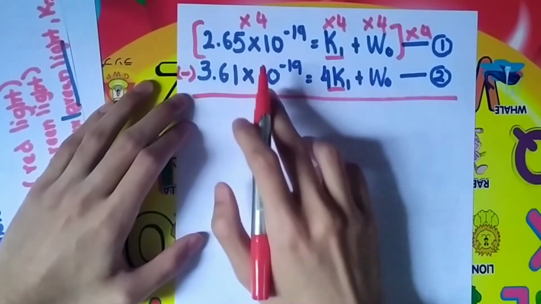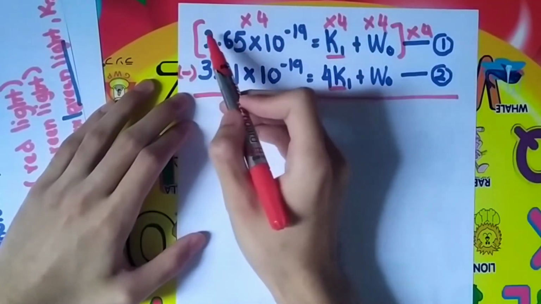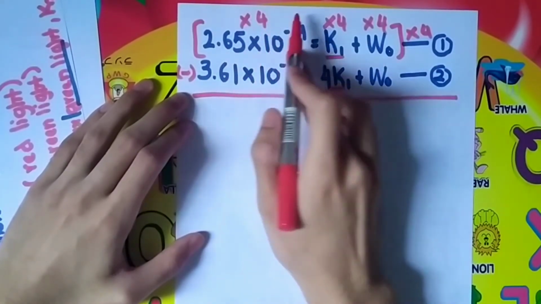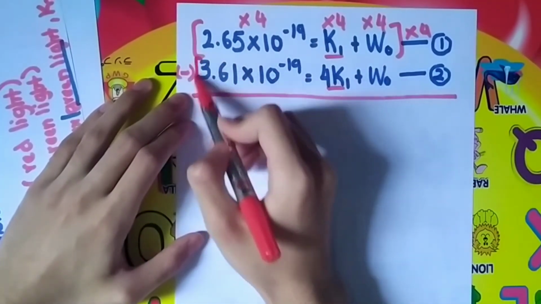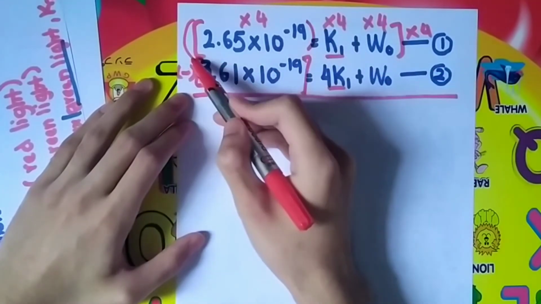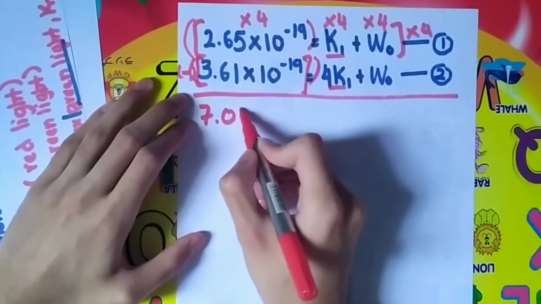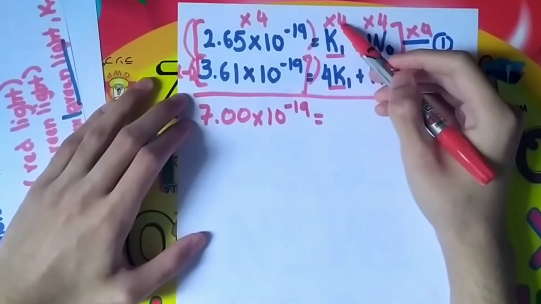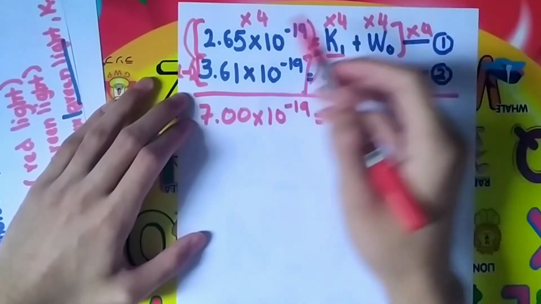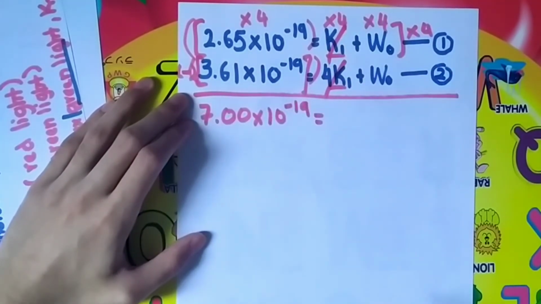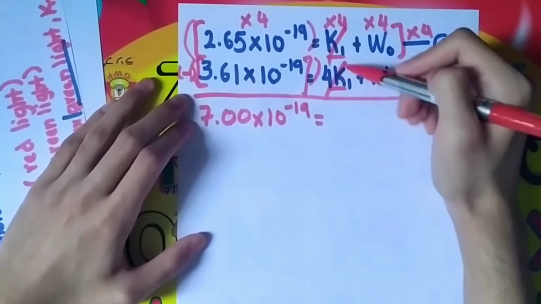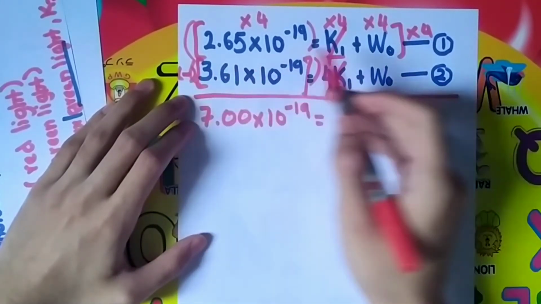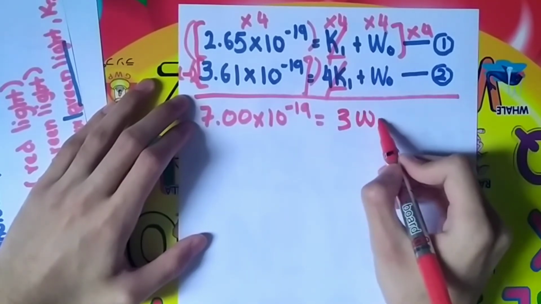Using our calculator, we calculate 4 times 2.65 times 10 to the power of negative 19, and then minus the second equation, and we get 7.00 times 10 to the power of negative 19. Then 4K1 minus 4K1 cancels, so we eliminate K1. 4 W naught minus W naught gives 3 W naught.